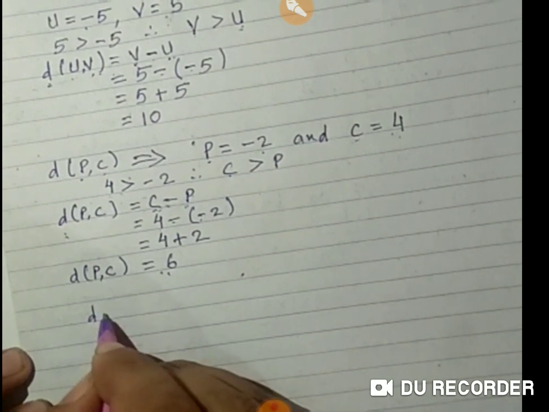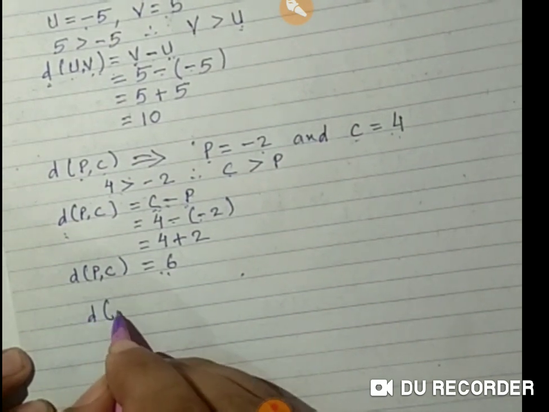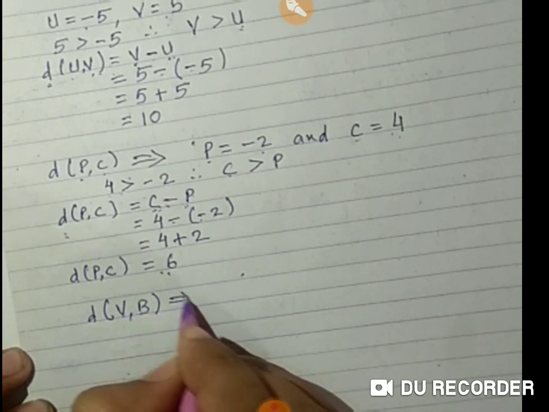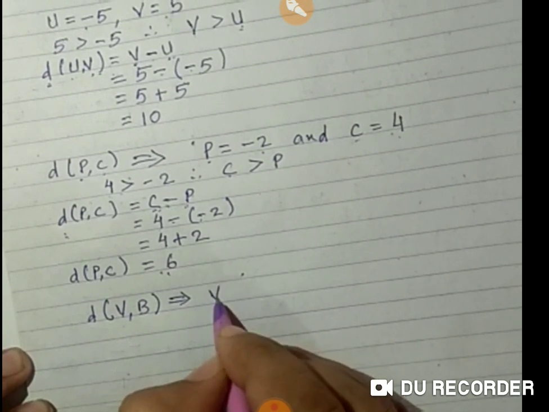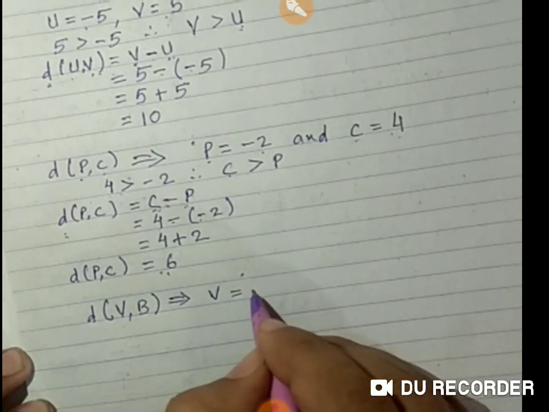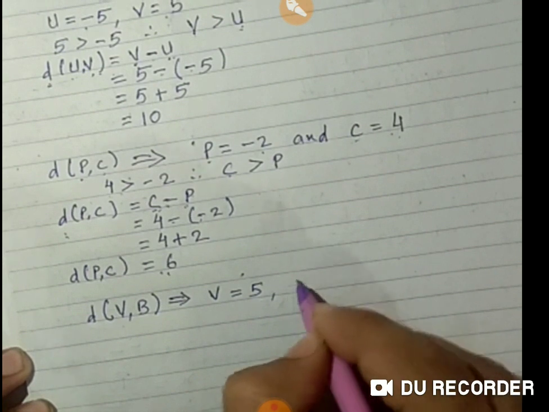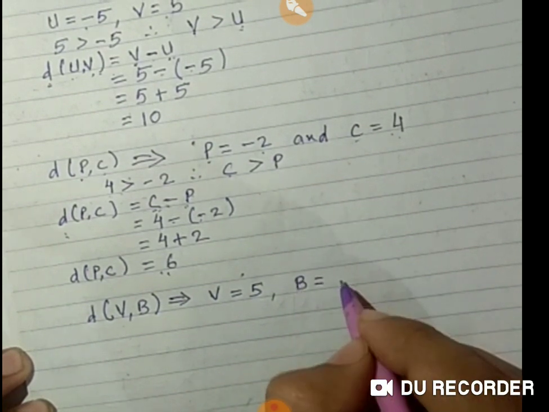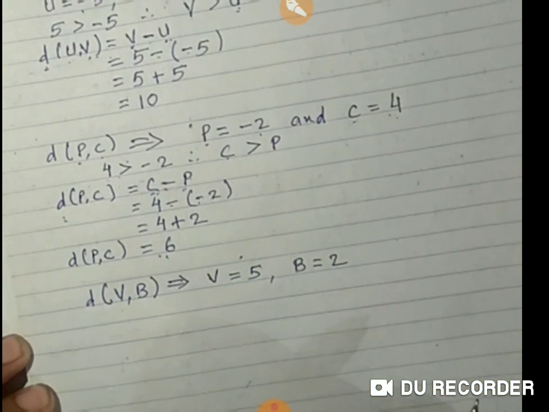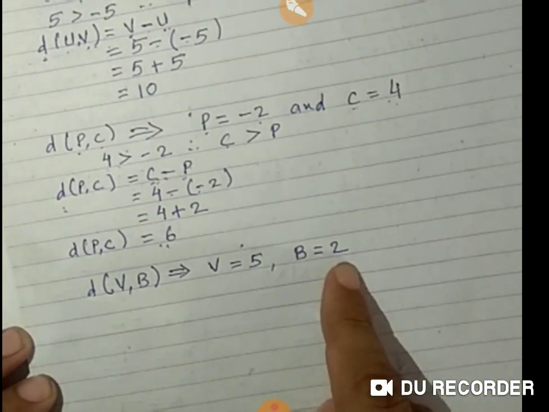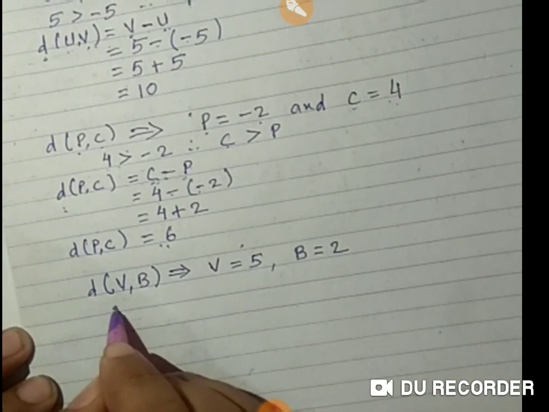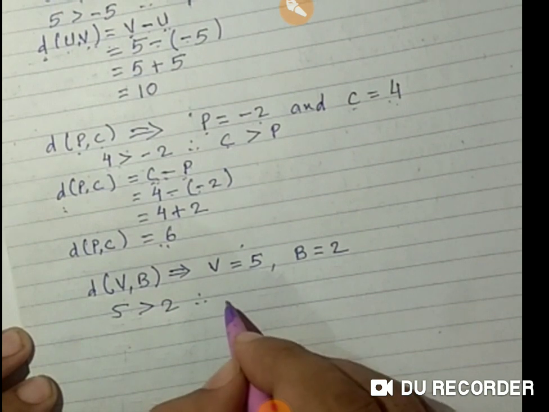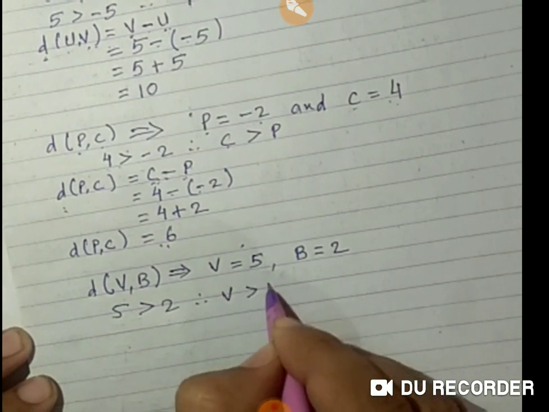I am going to calculate distance between VB. So 5 is greater than 2. So here you will mention that 5 is greater than 2. So therefore V is greater than B.